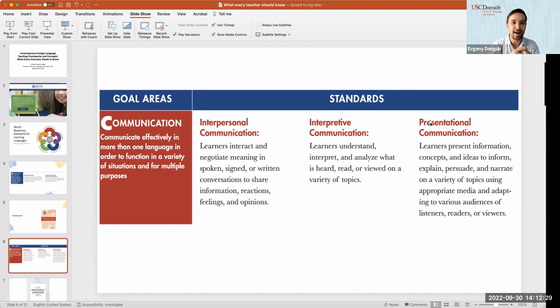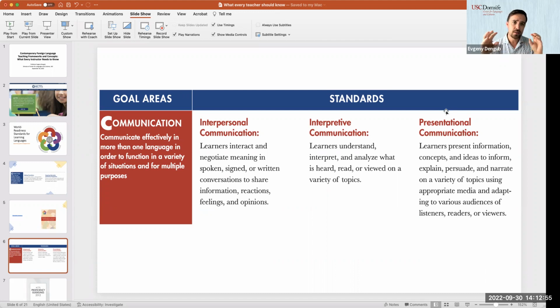So reports like this, presentations, come under the umbrella of presentational communication. And interpretive communication is what we read and hear. So reading and listening come under the umbrella of interpretive communication. Learners interpret what they hear or read.